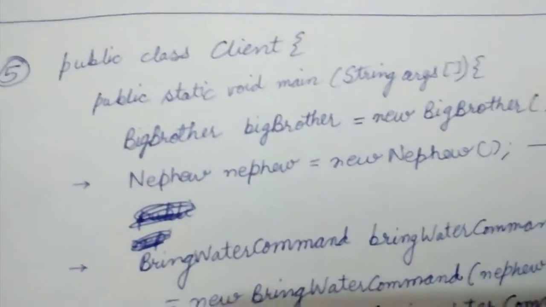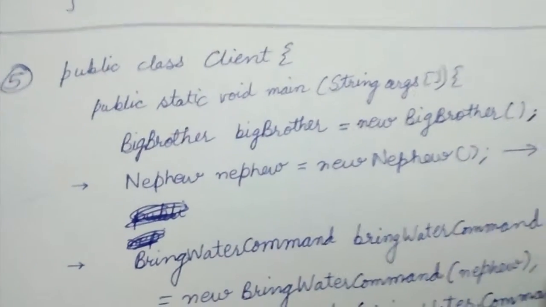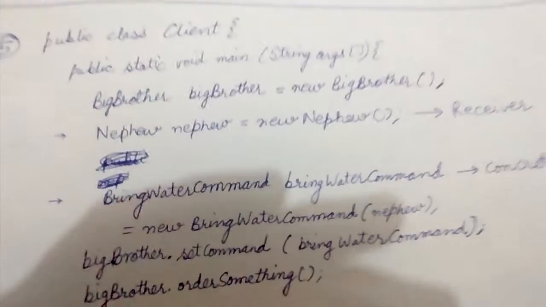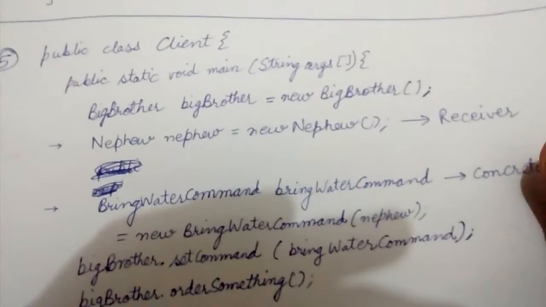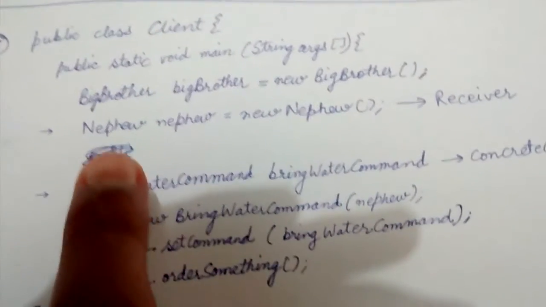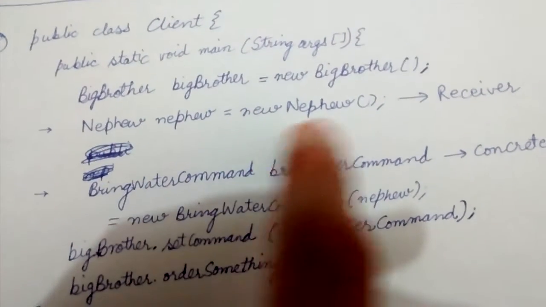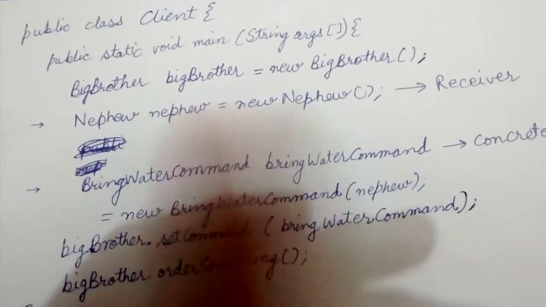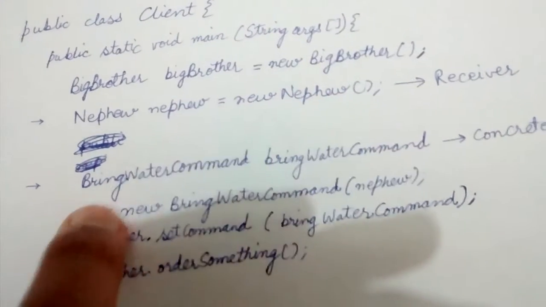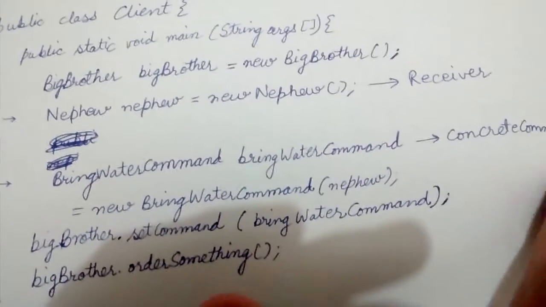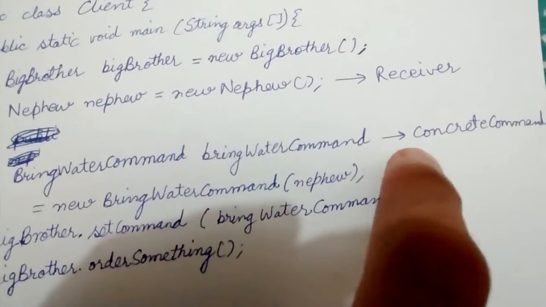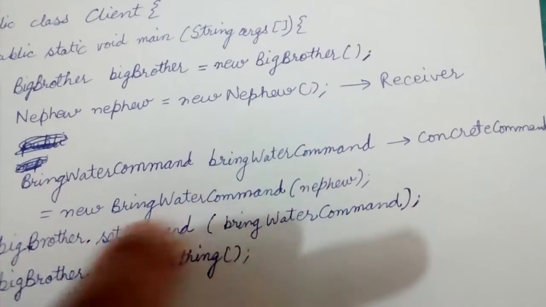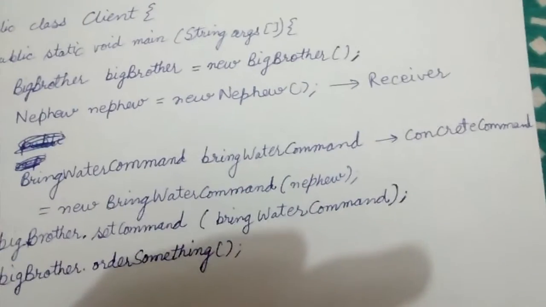Okay, now let's look at the client class. The client class has the main method. It basically has two tasks. The first one is the receiver. It instantiates a receiver, creating a new nephew object, which is the actual object which will get the task done. The other is the concrete command. It creates a concrete command, a bring water command object, and passes the nephew reference to it.